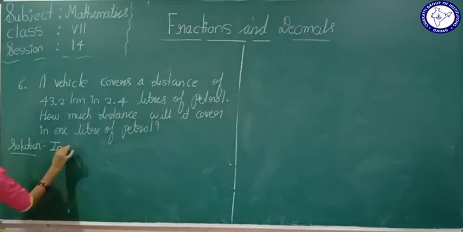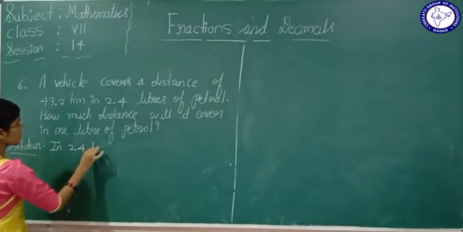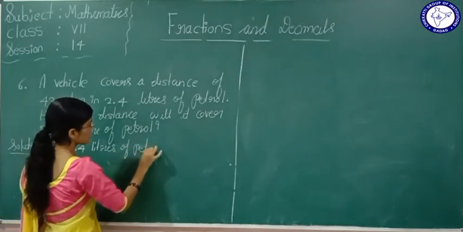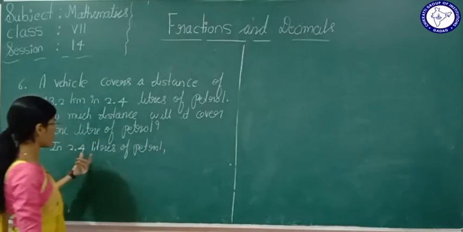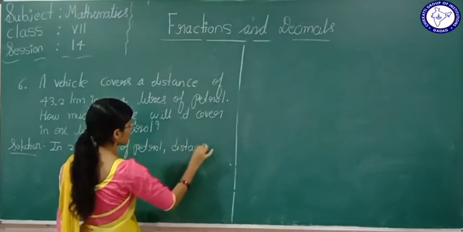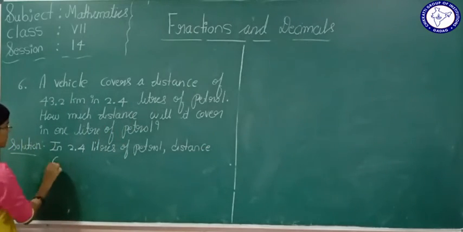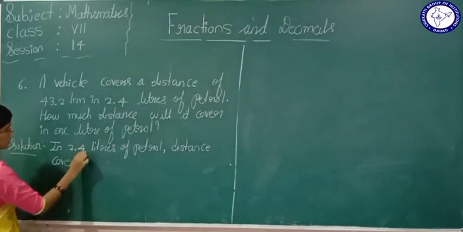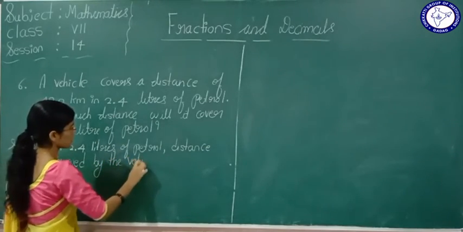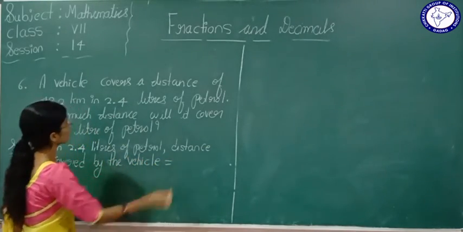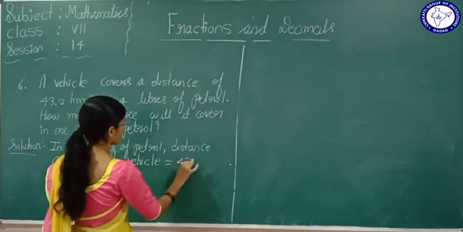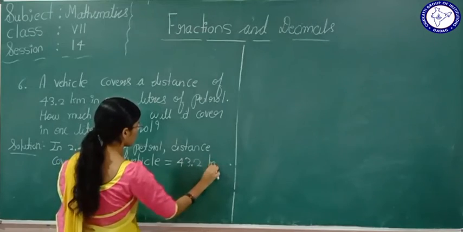In 2.4 liters of petrol, distance covered by the vehicle is equal to 43.2 kilometer.